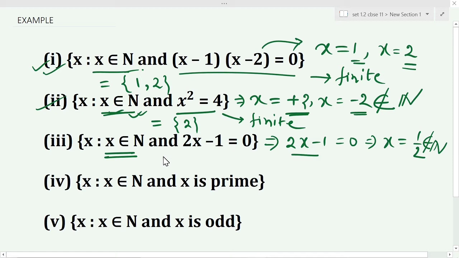So this set does not contain any value of x. So it is an empty set. That is, we can write it equals to phi. So we know that any empty set is finite set. So this is finite.